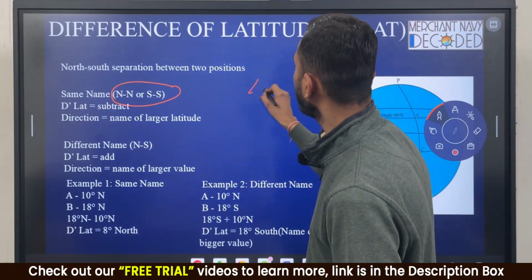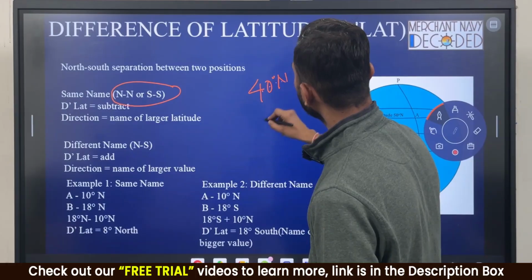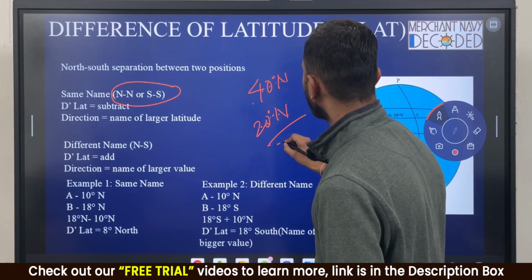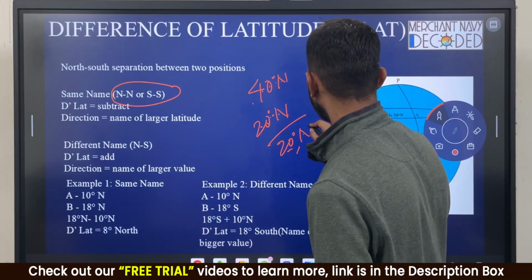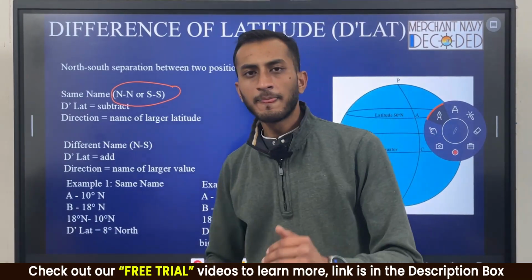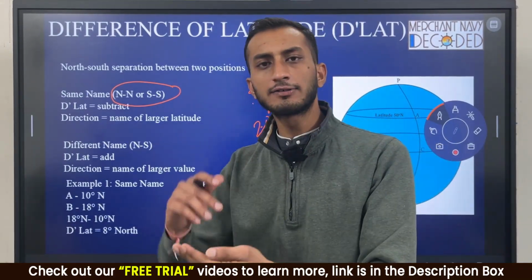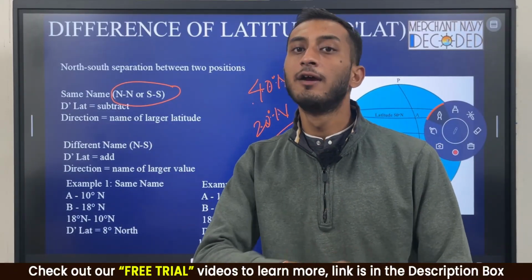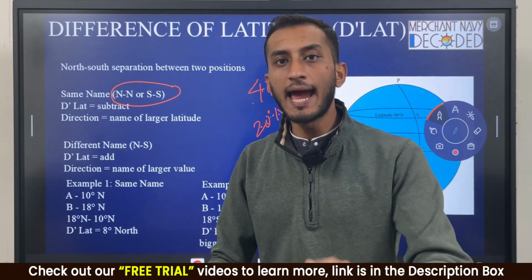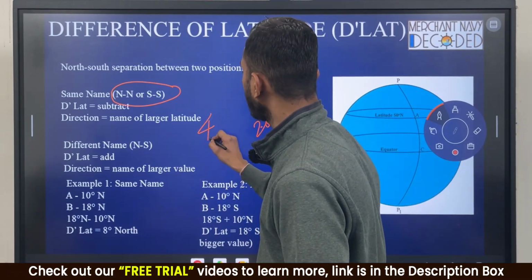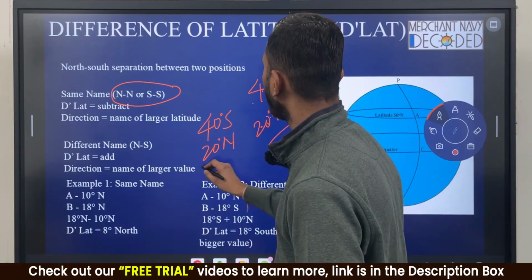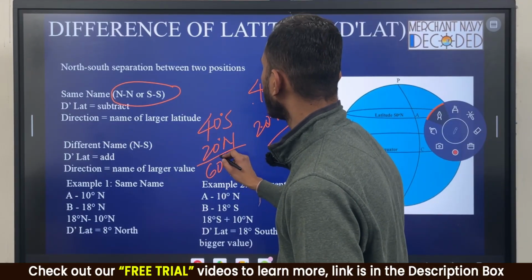If it is 40 degree north and 20 degree north, the D-lat becomes 20 degree north. It's obvious. But when one latitude is in the northern hemisphere and one in the southern hemisphere, we don't subtract, we add.